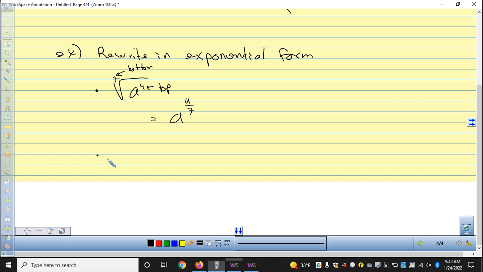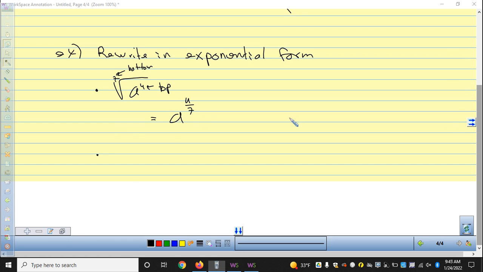Okay, let's look at one with a number. We'll practice with that calculator thing again. We have the 5th root of 32b cubed. We're taking the 5th root of everything. That goes in the bottom.